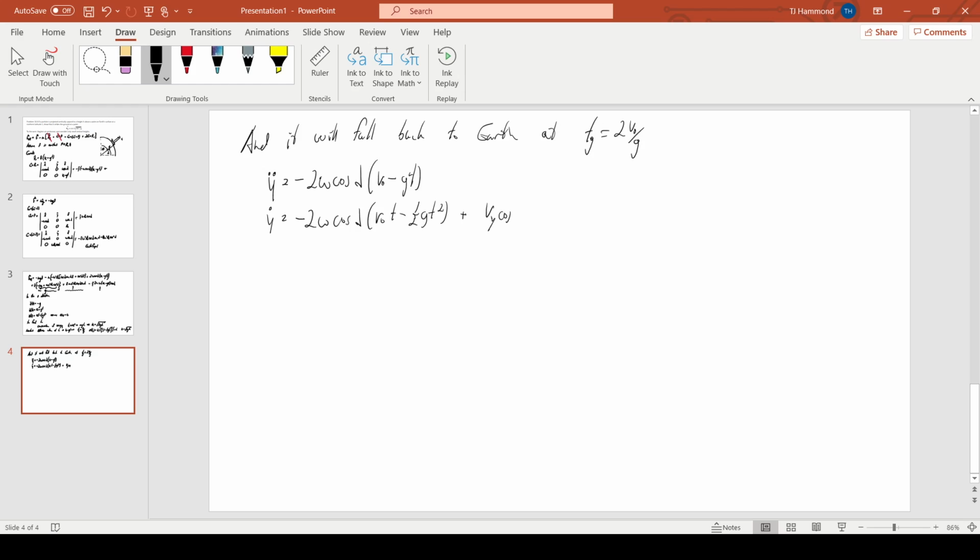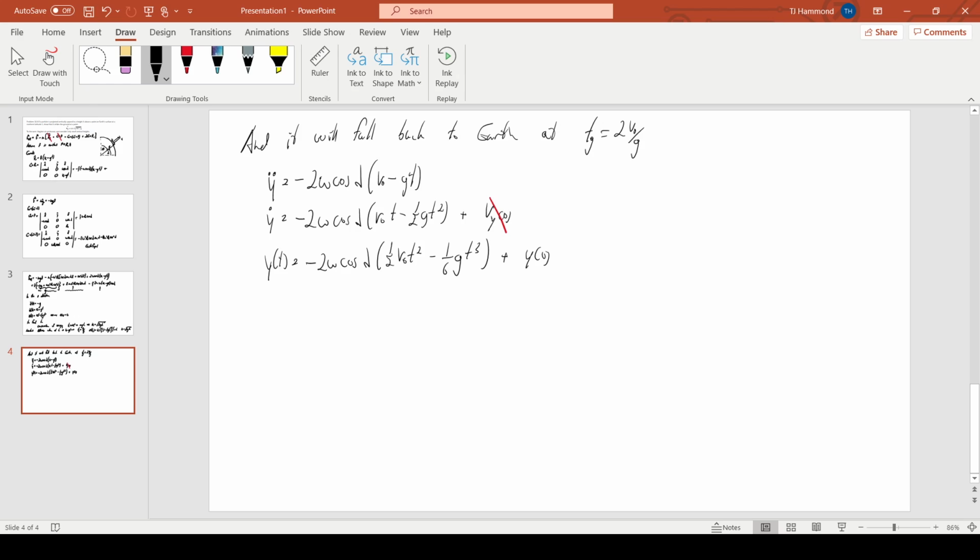But of course we're just firing this thing straight up, so this is going to be 0. And then we have y of t. It's negative 2 omega cos lambda, and we'll have 1/2 v naught t squared minus 1/6 g t cubed plus y of 0, wherever that initial position was.